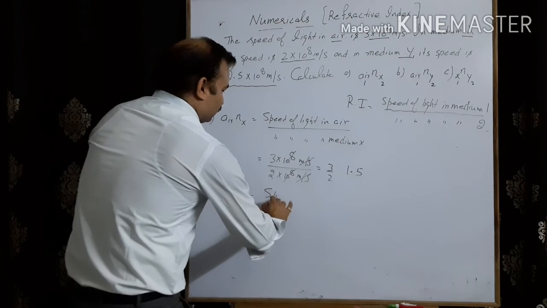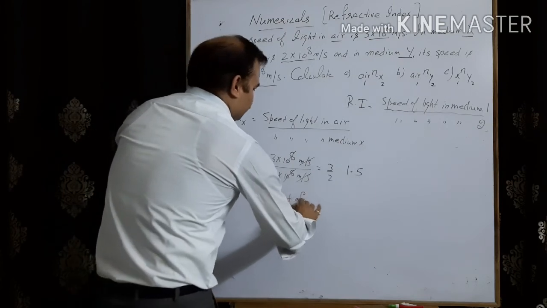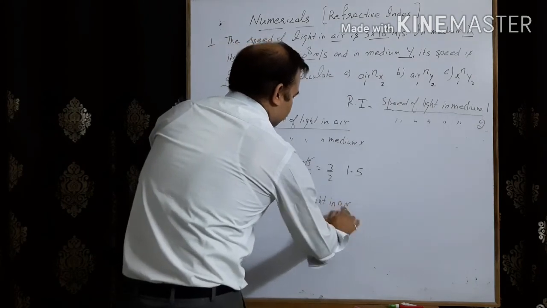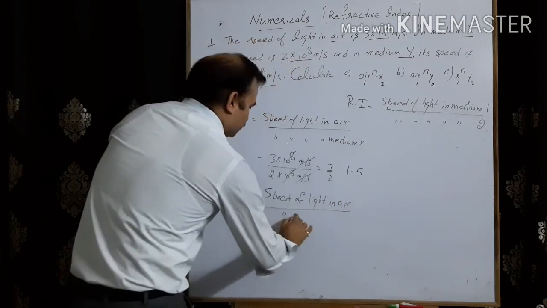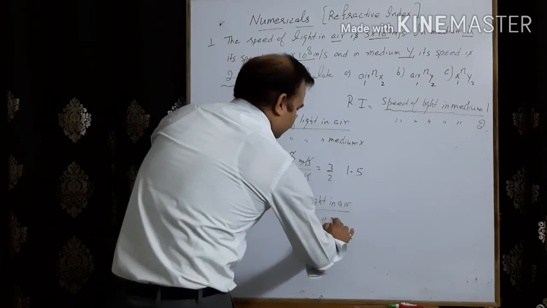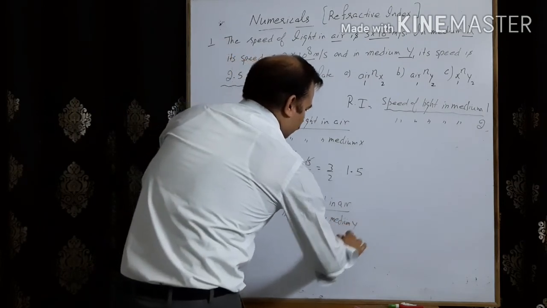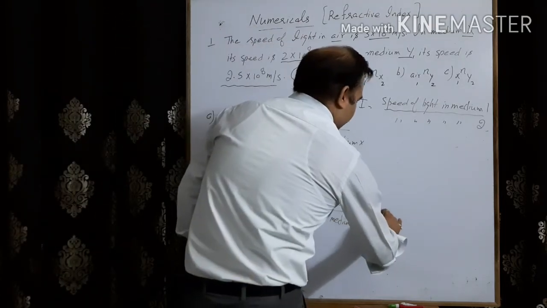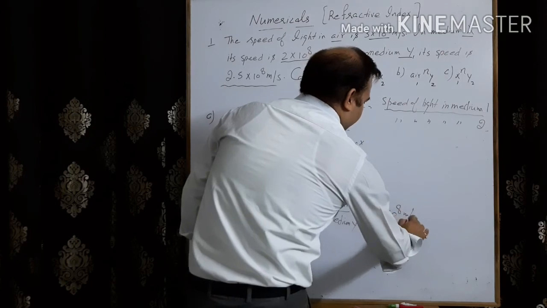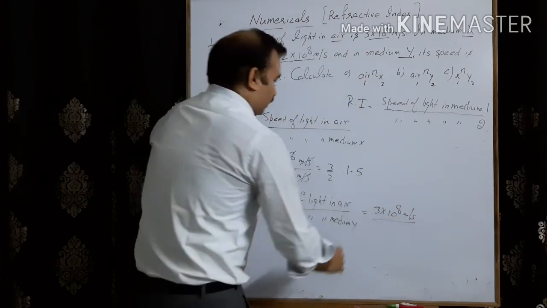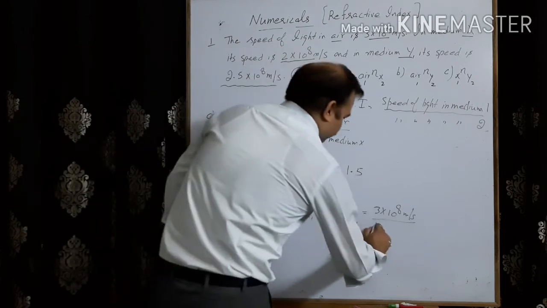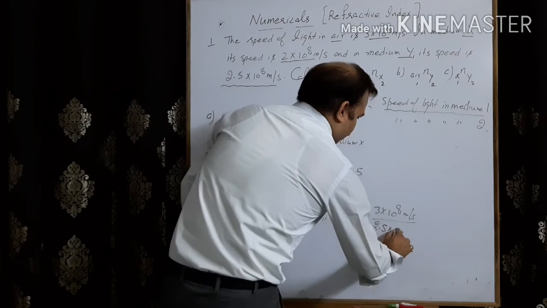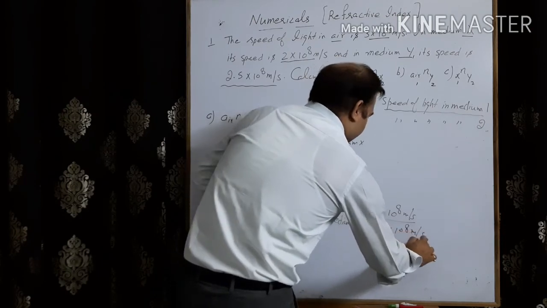Now, similarly for the second case, that is air and then refractive index of medium Y with respect to air. Now here what we do, speed of light in air upon speed of light in medium Y. Now we'll substitute the value here, that is 3 multiplied by 10 raised to power 8 meter per second upon 2.5 multiplied by 10 raised to power 8 meter per second.